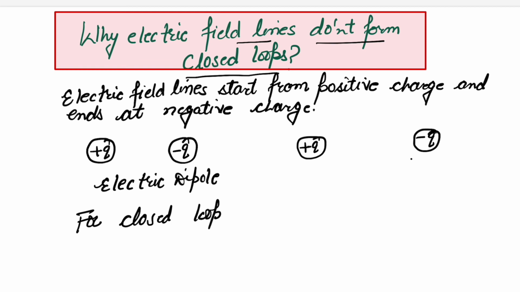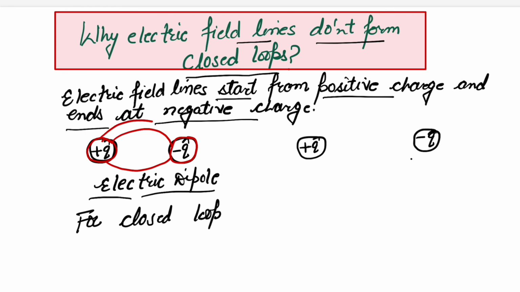Electric field lines start from positive charge and end at negative charge. This can be seen in the case of an electric dipole. One charge is plus Q and the other is minus Q. We draw the electric field lines, and they start from the positive charge and end at the negative charge.